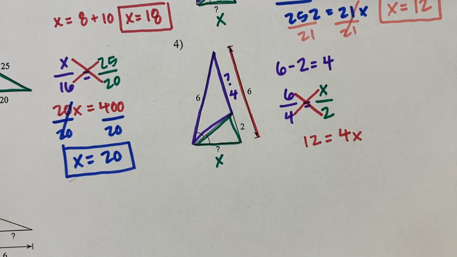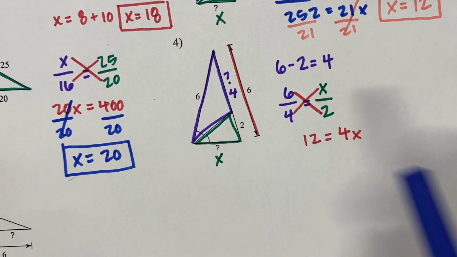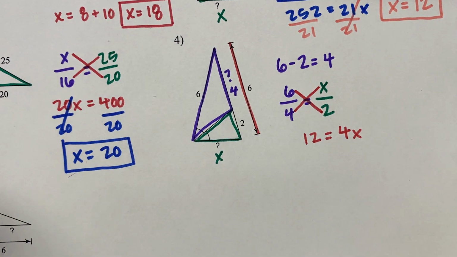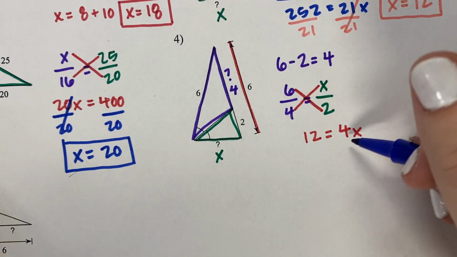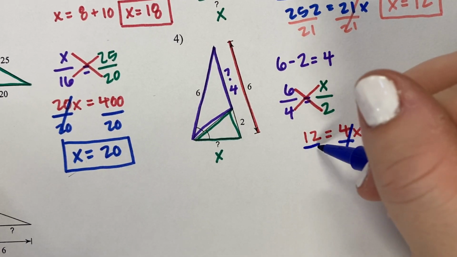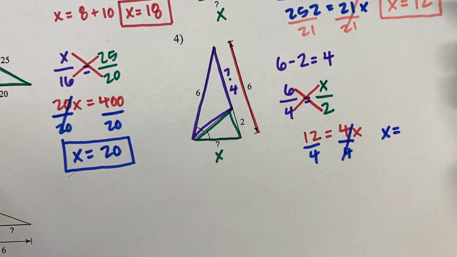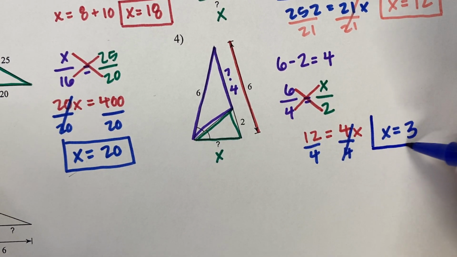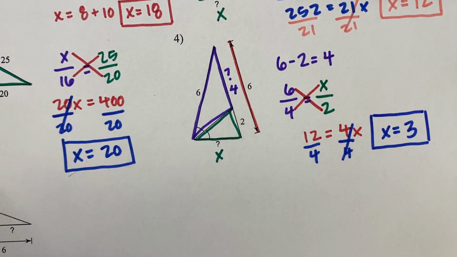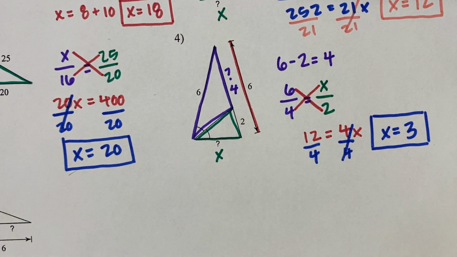Now we can solve this just like any other equation. So 4 times something gives me 12. Well, in order to get x by itself, I need to do the opposite of times by 4, which is to divide by 4. So I get x is equal to 12 divided by 4, which is 3. And there we go.